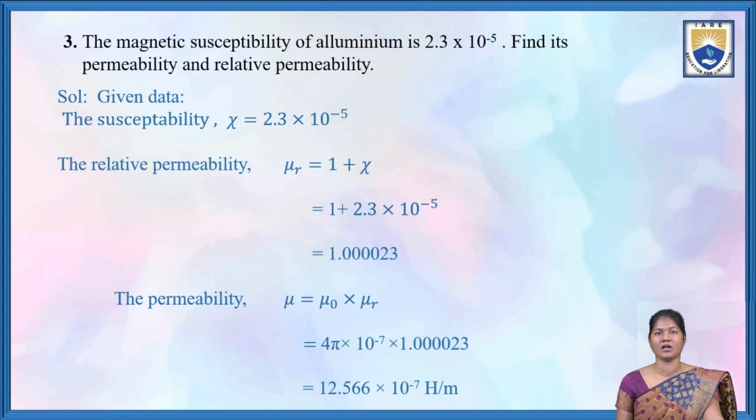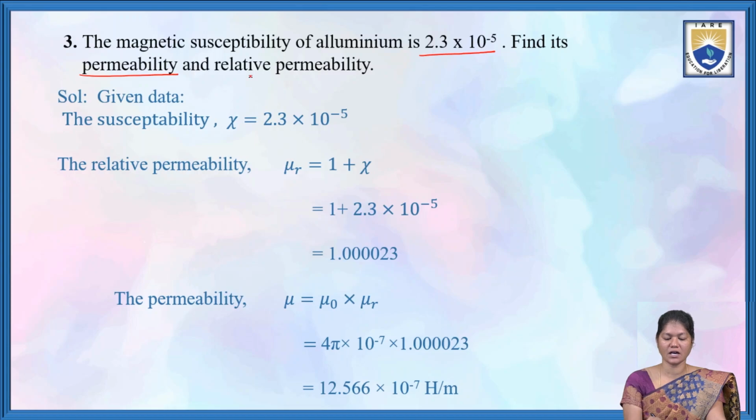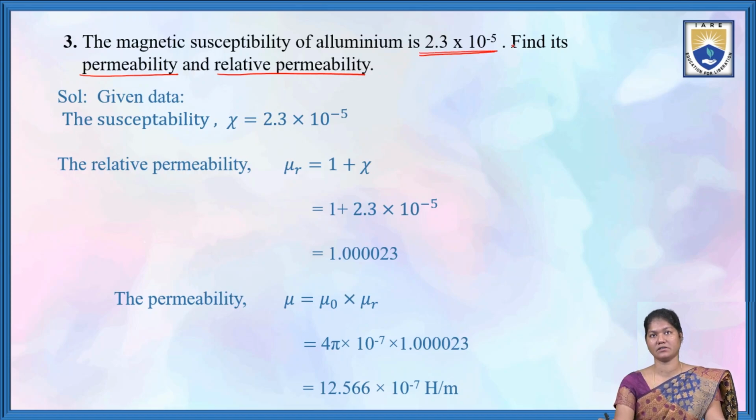Next problem. The magnetic susceptibility of aluminium is 2.3 into 10 power minus 5. Find its permeability and then relative permeability. So in the problem, magnetic susceptibility has been given, but we need to find permeability and then relative permeability.